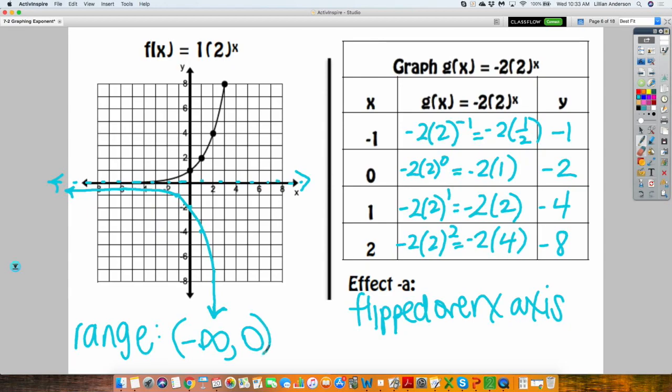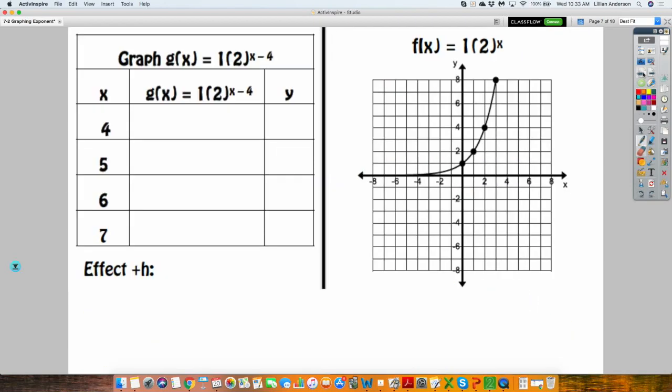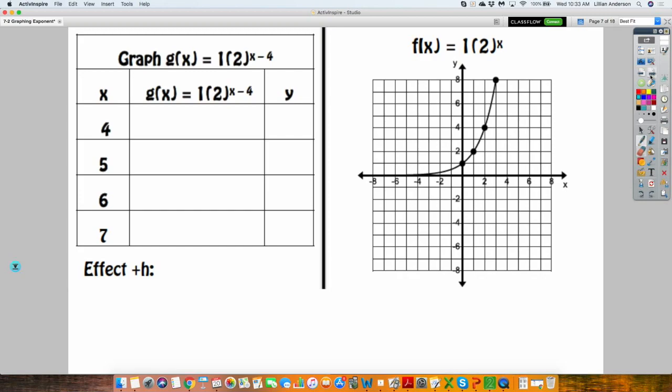We're going to talk about each one, the effect that A, H, and K have on the exponential function. Questions on what A does? Let's look at H. We kind of already should have an idea of what H does to the graph. We talked about it on the details page.